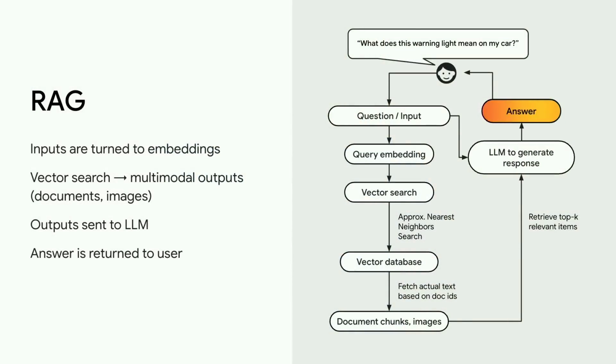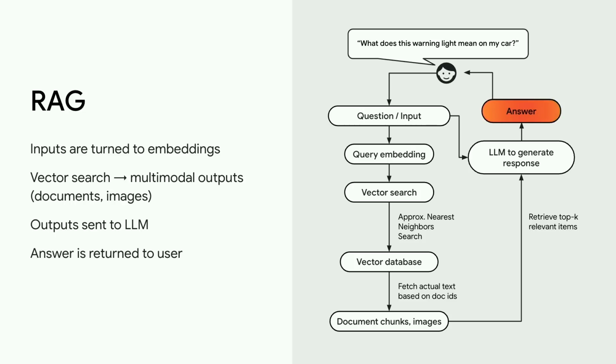But with RAG, we expand this architecture a little bit. We have these three foundational aspects that we've talked about. So in addition to our large language model, we also incorporate embeddings and vector search. So when a user asks a question, that question is turned into an embedding. The embedding is then matched against all of the items in our vector database and looks for other text chunks, images, code snippets, and more within that embedding space.